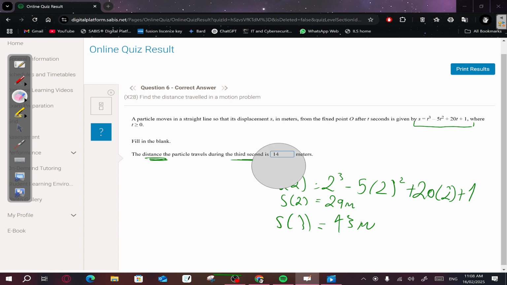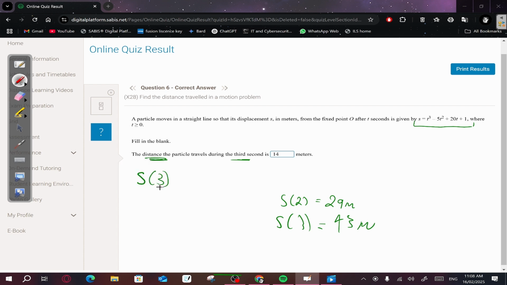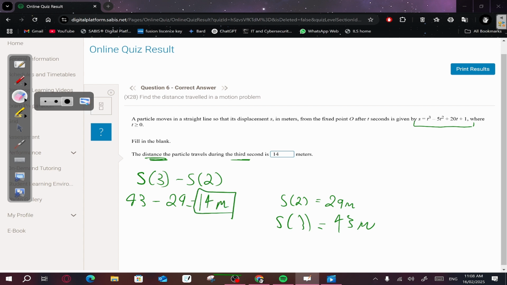Now we subtract s of 3 minus s of 2, which is 43 minus 29, which equals 14. 14 meters is our final answer.